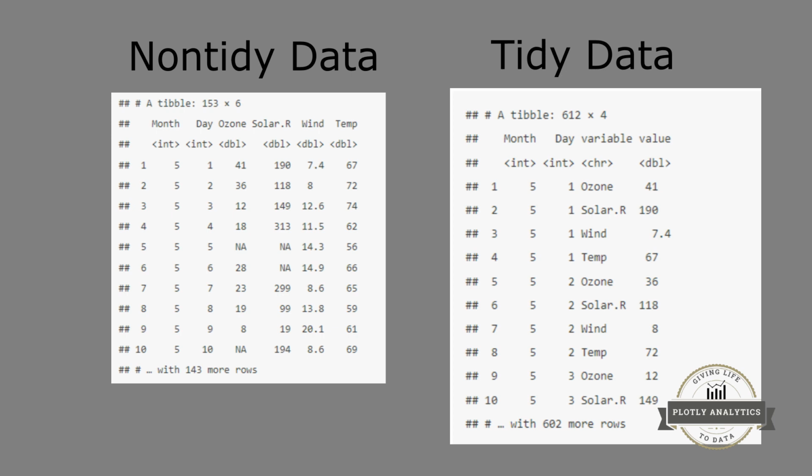If anyone wants to interpret this data, as you can see, the non-tidy version of the data will be easier to interpret than the tidy version. Similarly, if I were to add new observations, it would be very easy to add a new column in a non-tidy data frame than into a tidy data frame. So in terms of data collection and data recording also, sometimes the non-tidy data structure helps a lot.